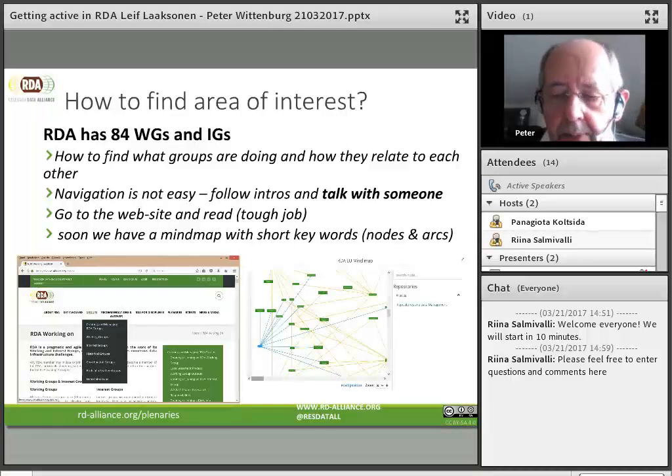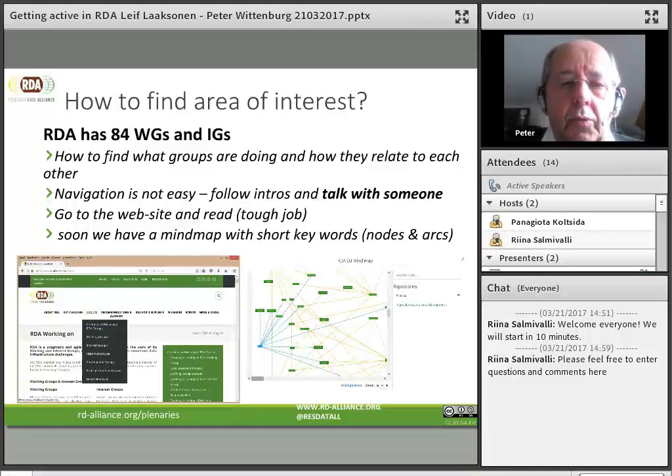You have the same problem with the Internet Engineering Task Force, where you even have more sessions from different people working on different aspects. It's not so easy to see what each group is doing and how they relate to each other. There's some overlap, and then you have to figure out what the overlap is, why there are two groups, and so forth. So this is not so trivial, and that's what we have understood.